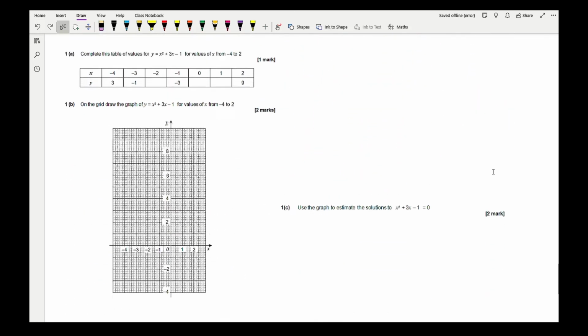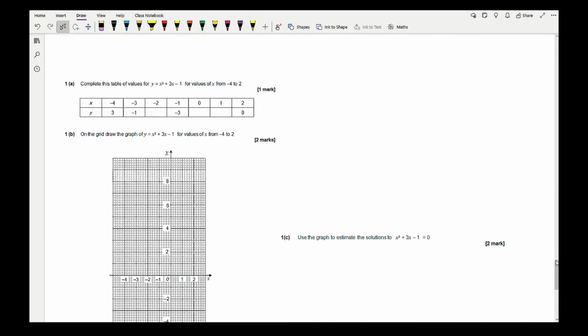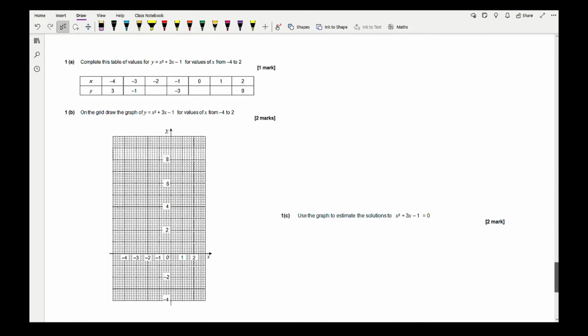Now this last one here, you can see we've been given a graph. So again, not quite Pictionary, but you can pretty much guess which method I need to use for this. So here what we need to do is solve graphically. Now in terms of this, what we need to do is complete the table. That'll be the first thing we do.